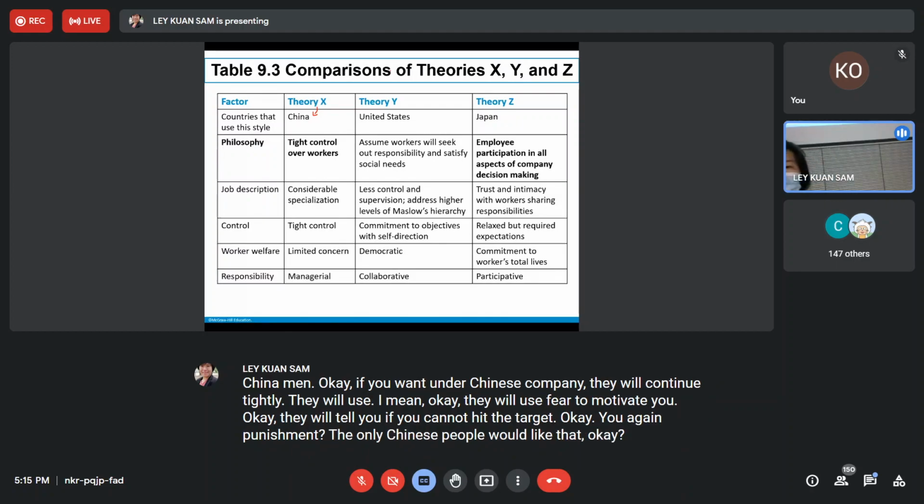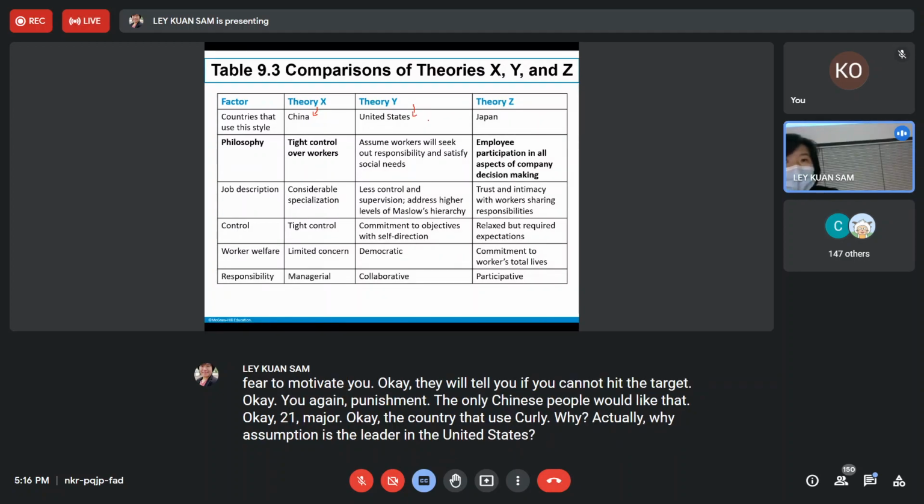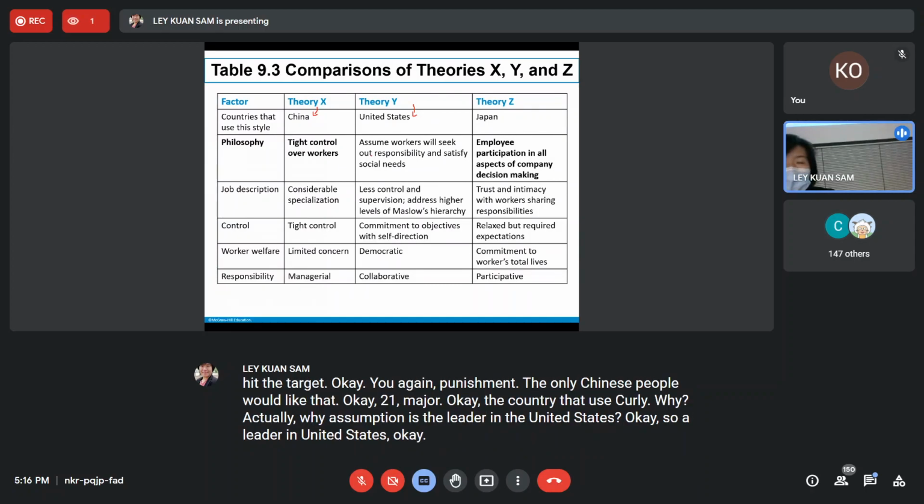Okay, Theory Y. Okay, the country that use Theory Y assumption is the leader in United States. Okay, so leader in United States, they will allow their employee has some freedom to perform the job.